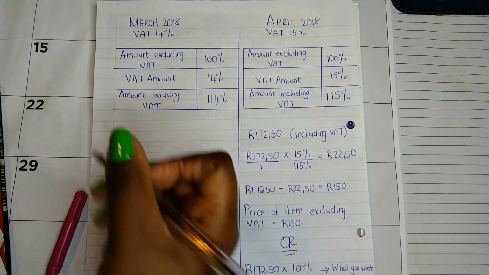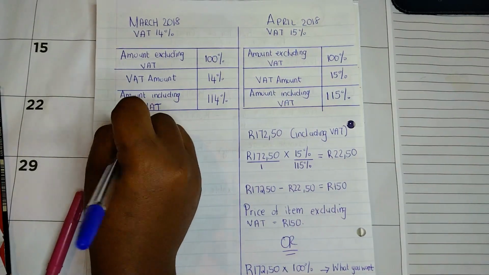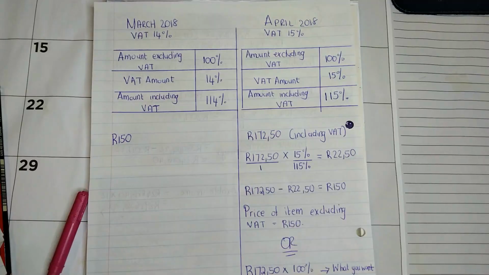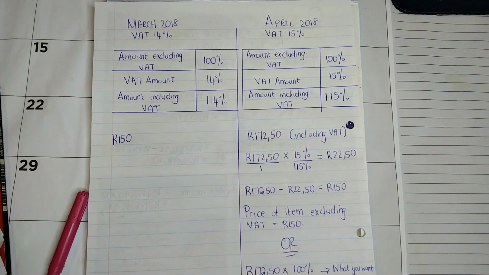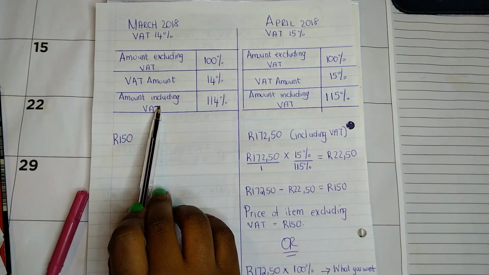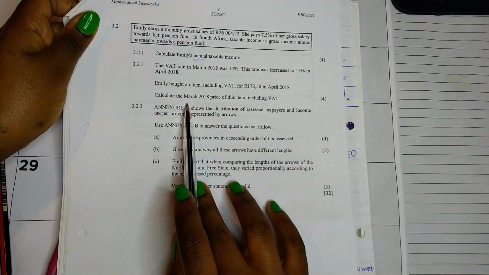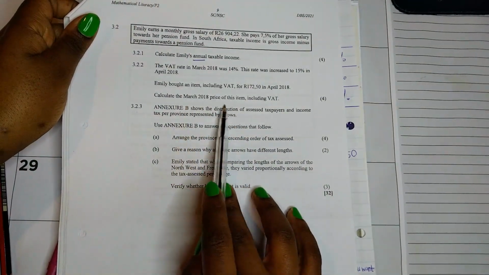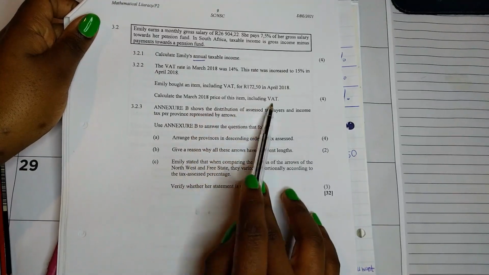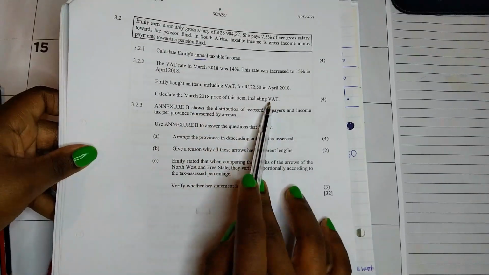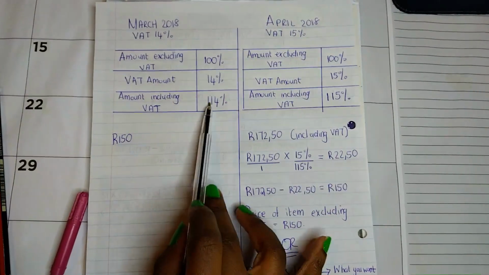So we're going to take that 150 Rand, because now that is the price of the item in March as well. The question says that we need to calculate the price of this item in March 2018, including the VAT. So we want the amount including the VAT.